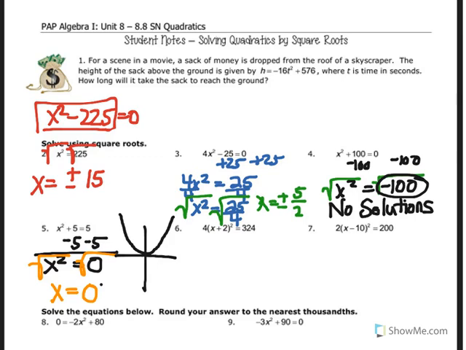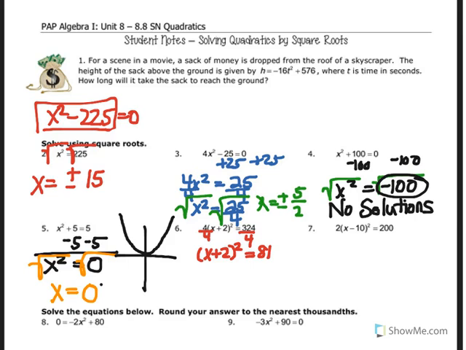Now, let's go to number 6. And this one we want to do in steps. Remember, our goal is always to get x by itself, so the easiest thing to do is to start with dividing each side by 4. So let's get the 4 off that parentheses there, and when I do that, I get x plus 2 squared, and that's going to equal 81.